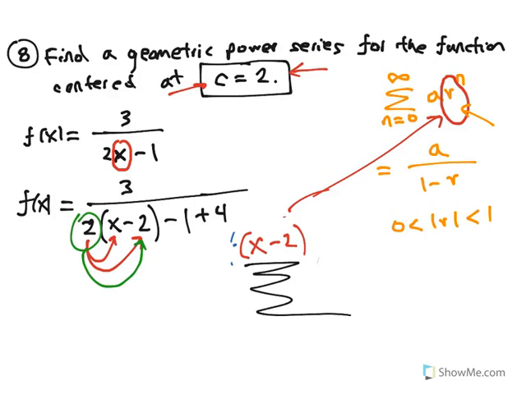So that is the first most important step that you need to do if you want to find a geometric power series for the function centered at a c value that's not 0. You've got to get that x minus c into your function so that it will become a part of the common ratio for your geometric power series, so that it would be centered at, in this example, 2.